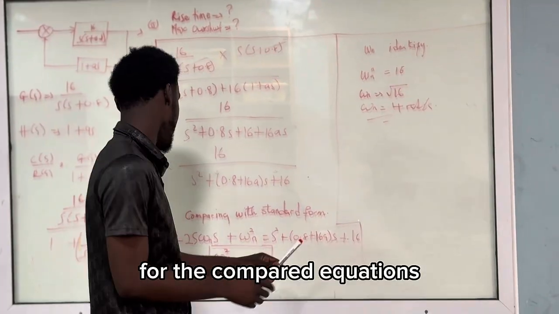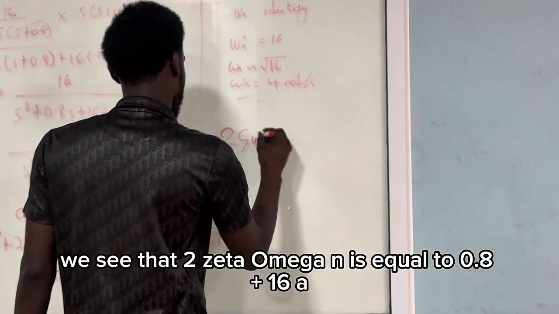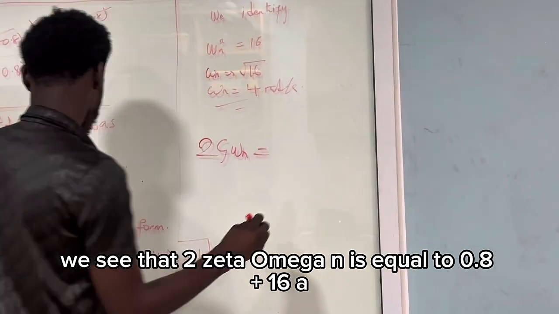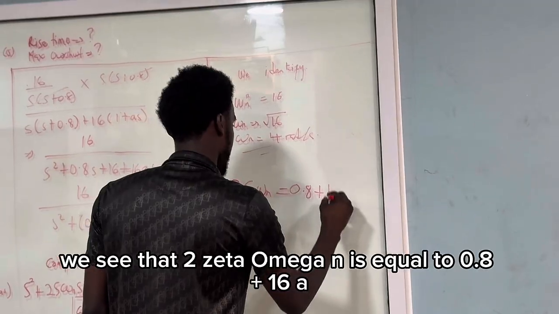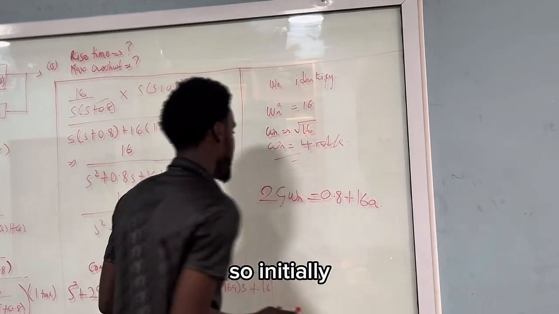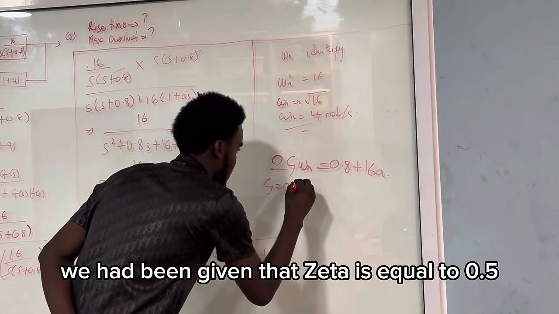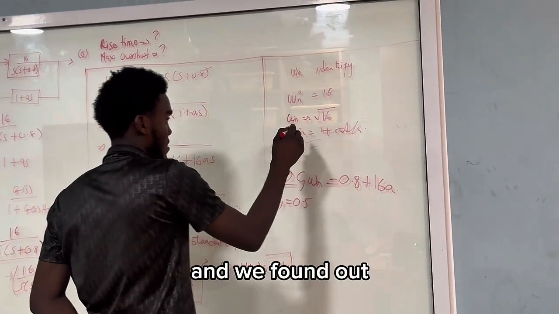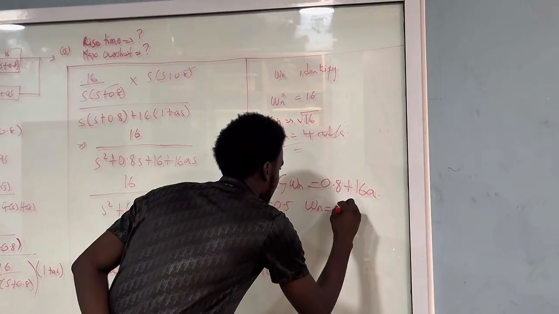So from the compared equations, we see that 2ζωn is equal to 0.8 + 16A. So initially, we had been given that ζ is equal to 0.5. And we found out that ωn is equal to 4.